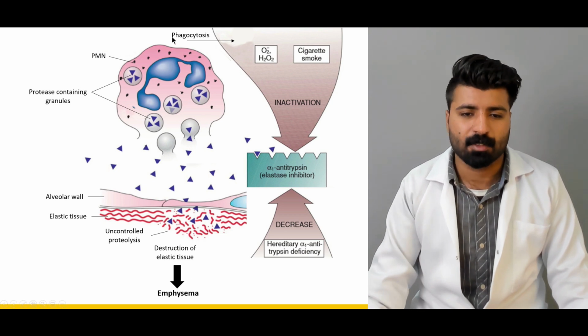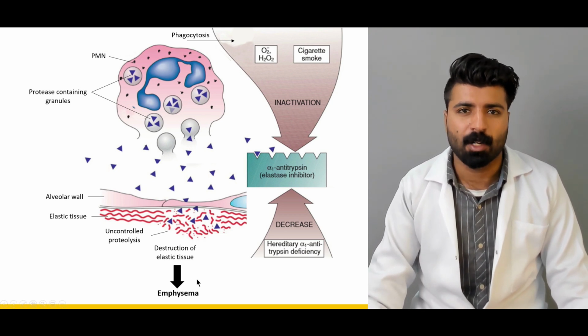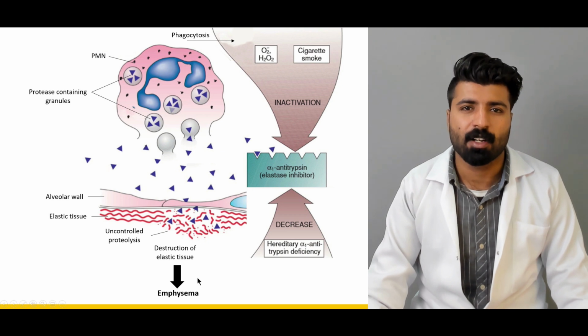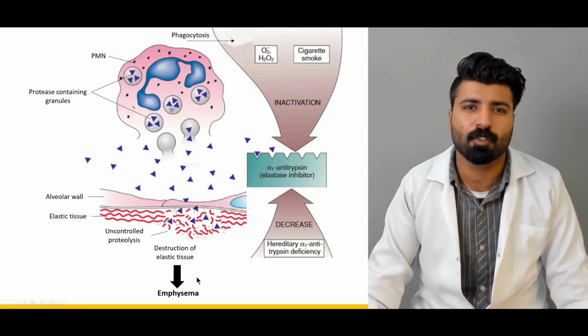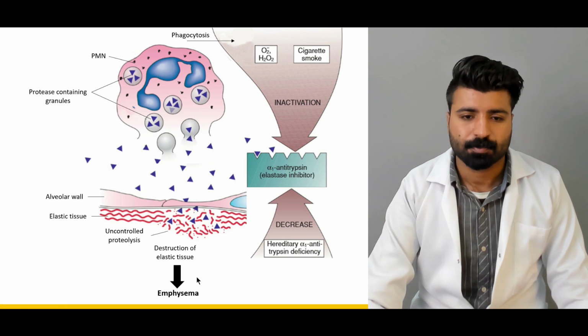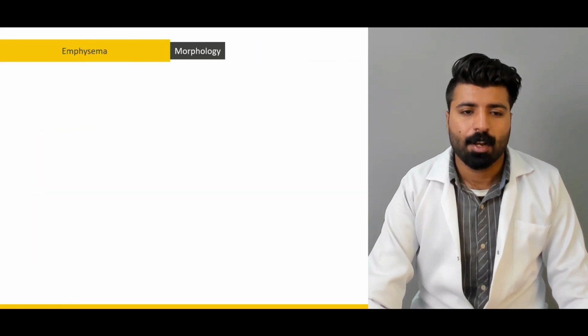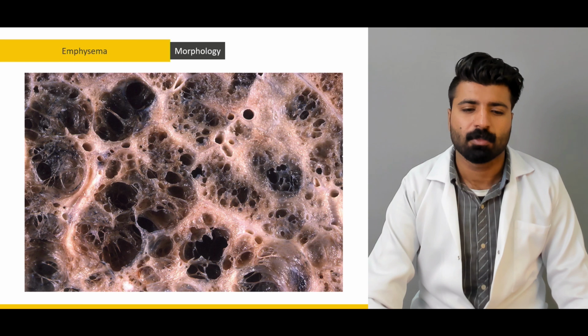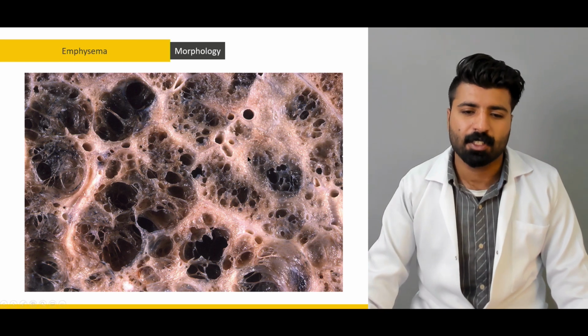So all of this led to emphysema: destruction of the alveoli, destruction of the alveolar sacs, destruction of the alveolar walls. Now, what will be the morphology? As you can see the morphology right away, you can see the holes, you can see the elasticity gone, you can see big and small holes, you can see different structures and different sizes of structures present here.